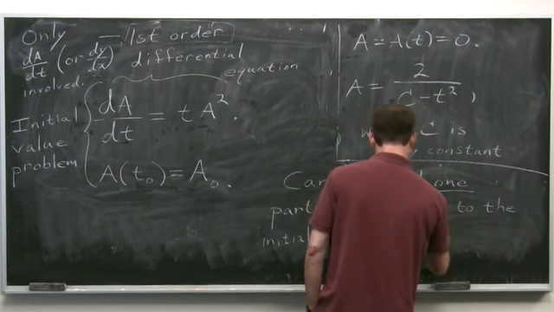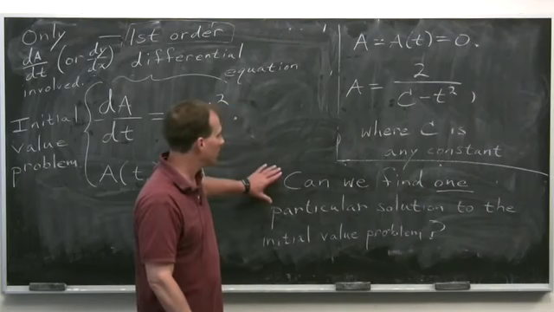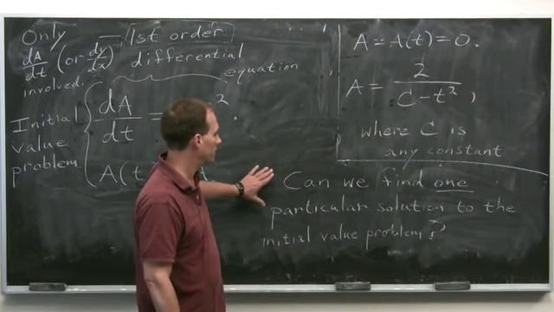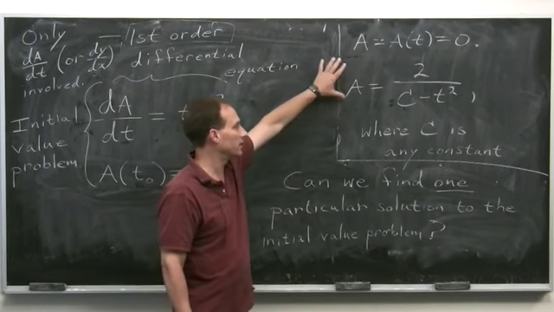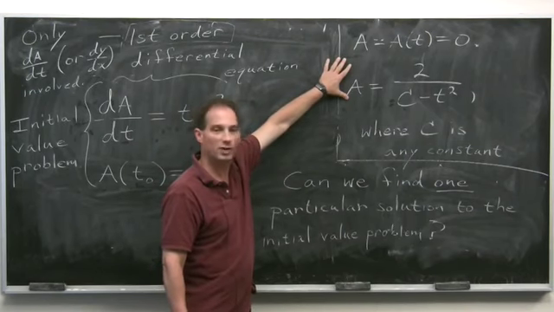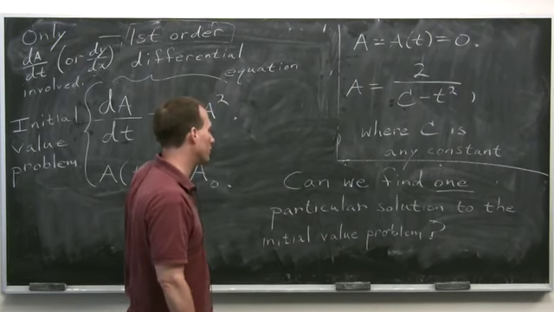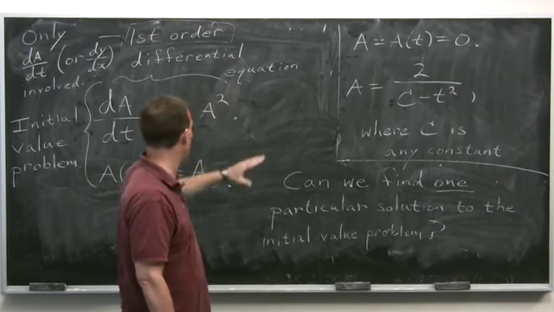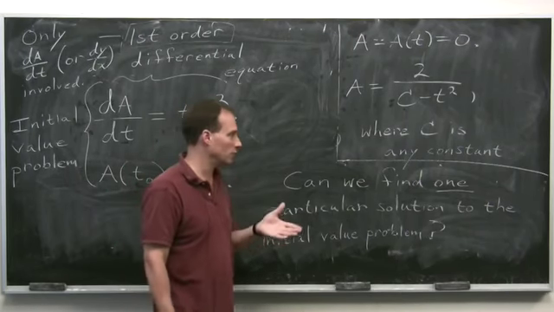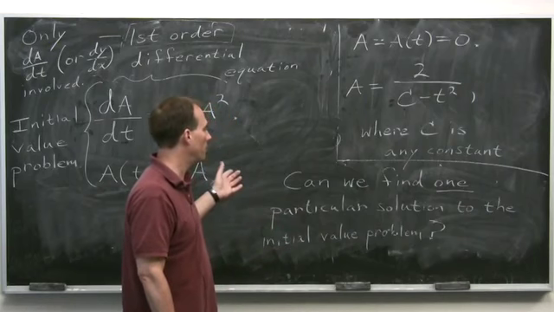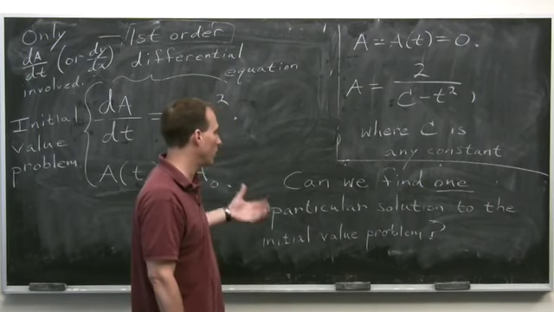to the initial value problem? And actually, this is phrased very poorly, and I'm going to change it. But we'd like to find a solution. So amongst all of these solutions, which I'm telling you compose the general solution, so every solution looks like this on an interval, can we find one that satisfies the initial data? All right, we'll see that we can. But that isn't really what we mean when we want to find one particular solution.